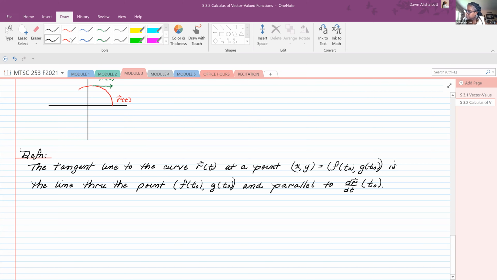And note a smooth curve has no sharp edges, no sharp corners or cusps.